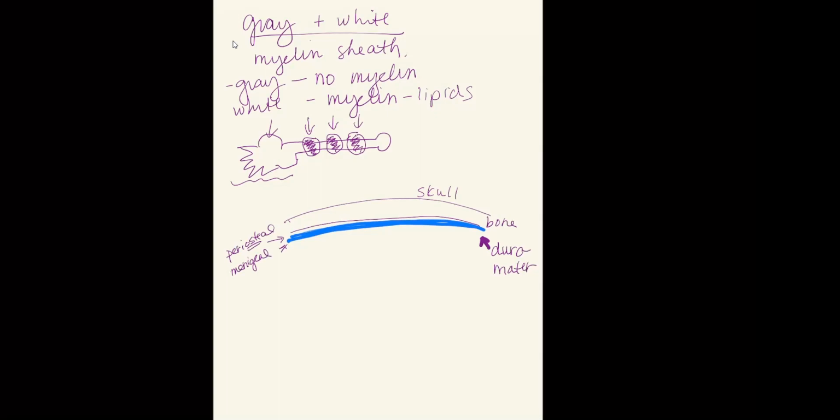Now under the dura mater there's a space, called the subdural space. Sub is below. Like in your house, you have subflooring between the floor and the basement, the space where the pipes run. The subdural space is really thin. It's a potential space, it might not actually be there.